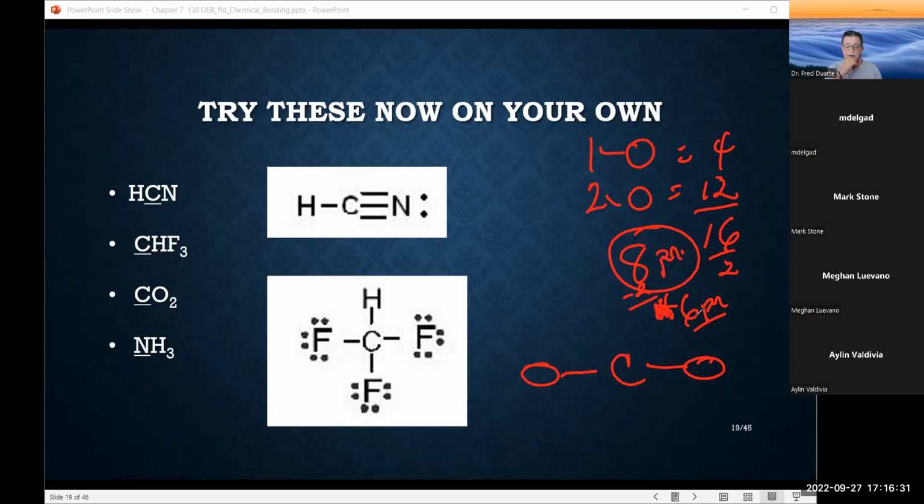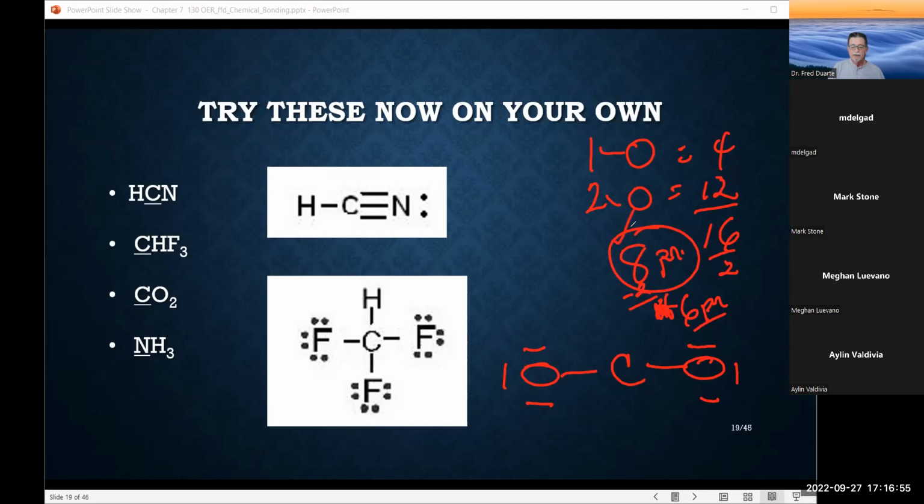So I got 6 electron pairs to work with. So what I do, like I mentioned, whatever I get, I fill in the electrons on the outside elements bonded to the central atom. So I go 1, 2, 3, 4, 5, and 6. And I double check to make sure I got 8. I still got 8, so I'm good to go.